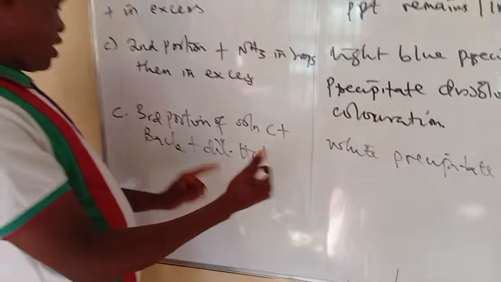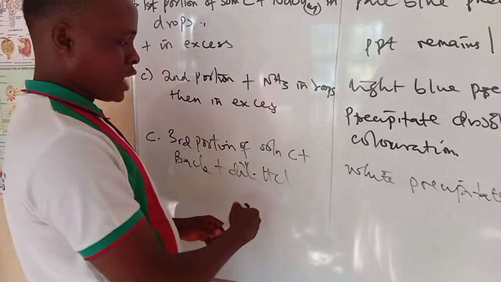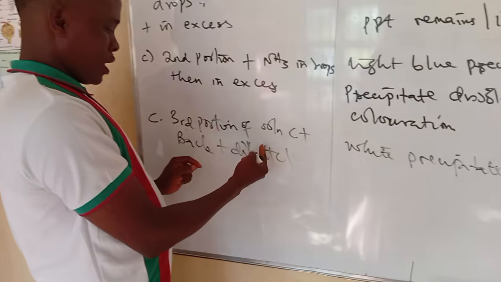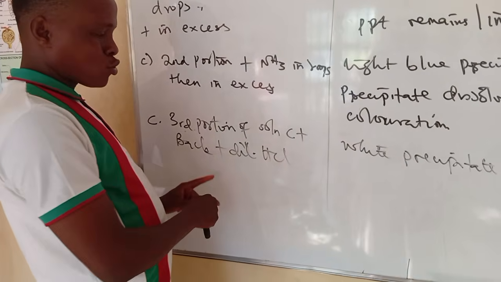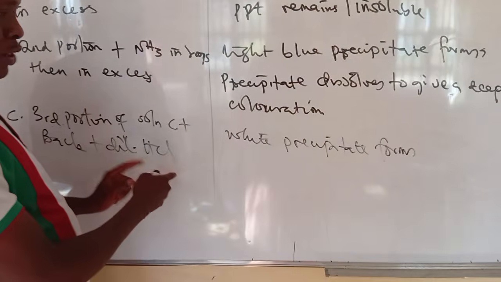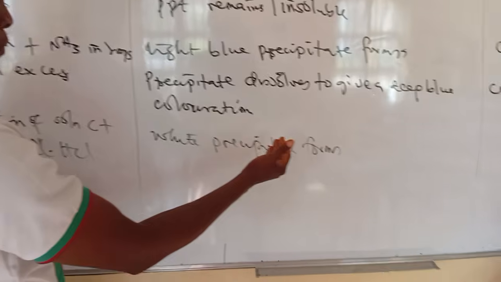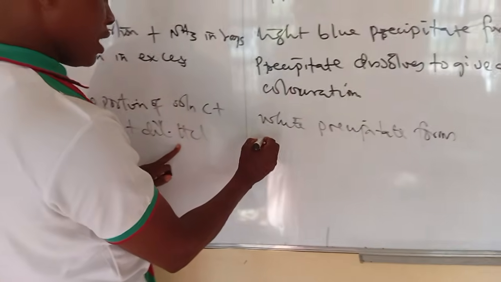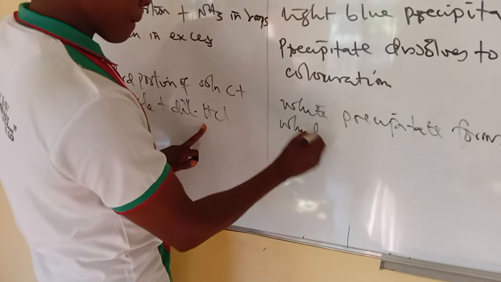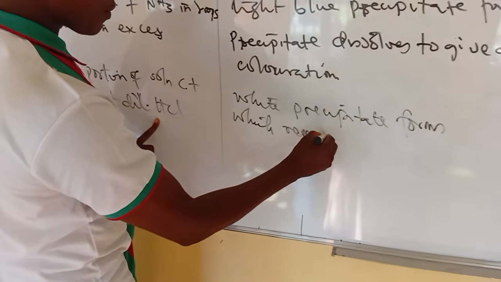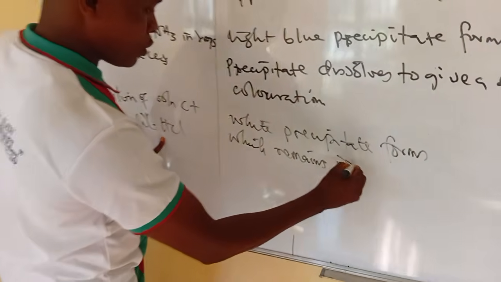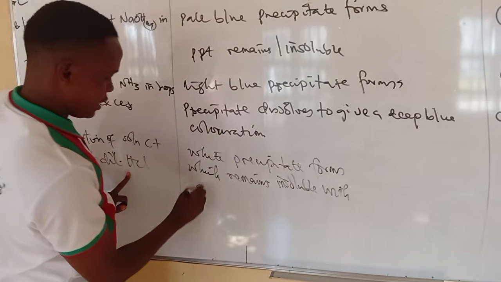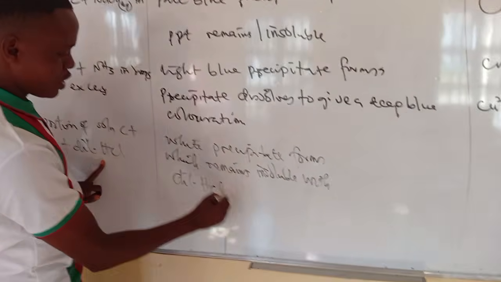From the test we did, we saw that there was formation of white precipitate with barium chloride, and also in the presence of dilute HCl. So white precipitate forms. Even with HCl, it remains insoluble with dilute HCl.